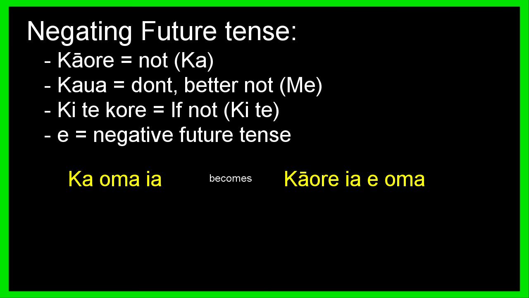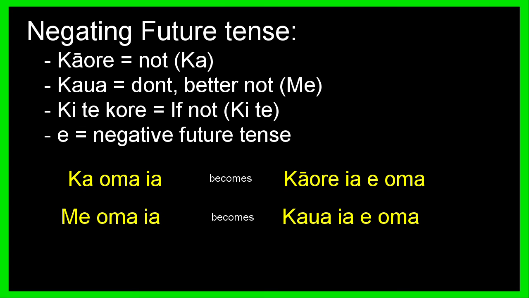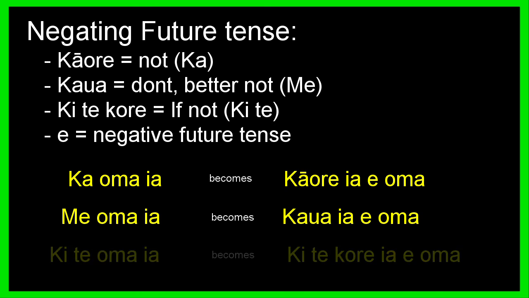Ka oma ia, he will run, becomes kaore ia e oma, he will not run. Me oma ia, he had better run, becomes kaua ia e oma, he had better not run.